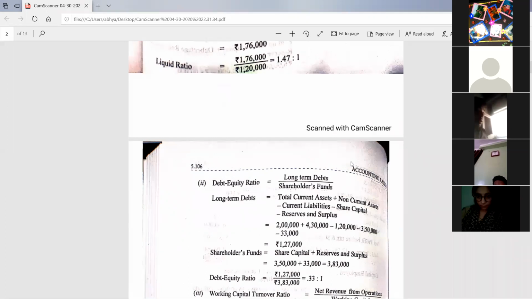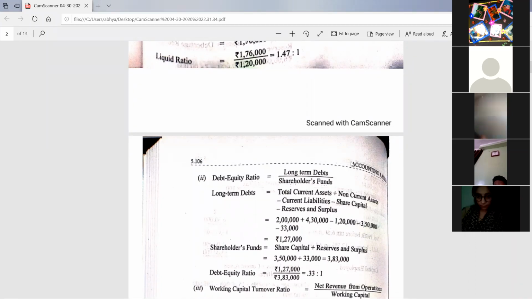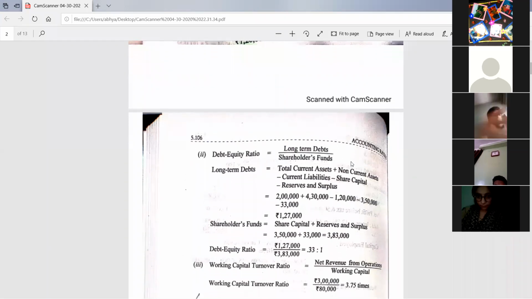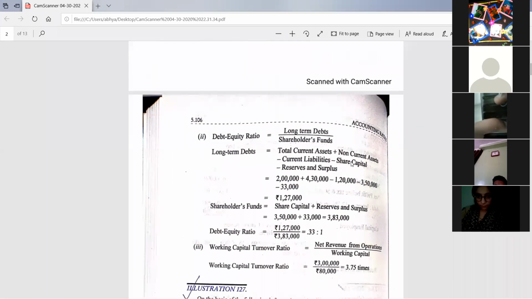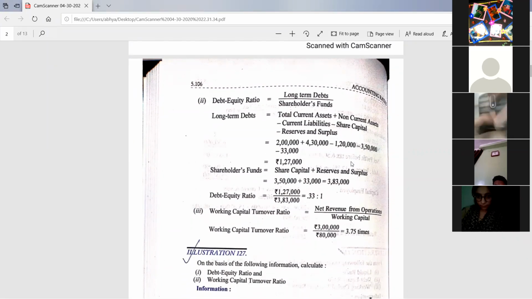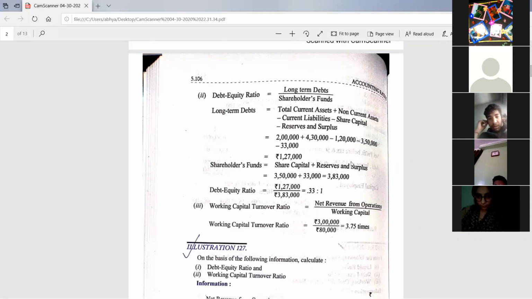We all know that asset side is equal to liability side. So what is the total assets? Current asset plus non-current asset minus current liabilities minus shareholder fund. That will be equal to non-current liability. Or by preparing the balance sheet easily we can find out. So you can match your answer here. It's 0.33:1. Tell me fast, is it correct or not? If not, you can rectify your error.